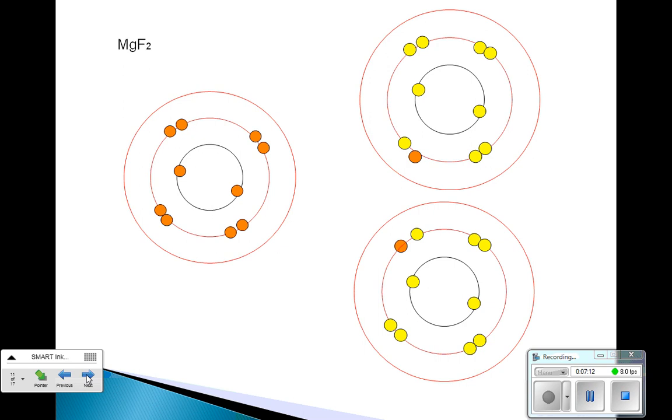Each fluorine took 1, so both of them are happy. That's where we get this formula from. It's MgF2. And that means for every 1 magnesium, we need 2 fluorines, because 1 fluorine isn't enough, right? So it's all about the ratios.